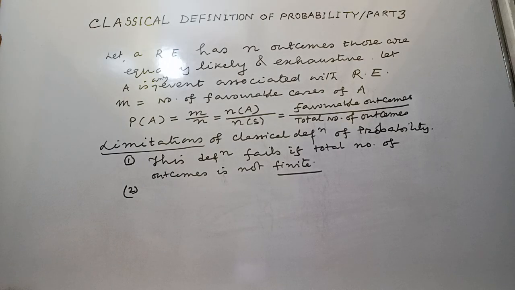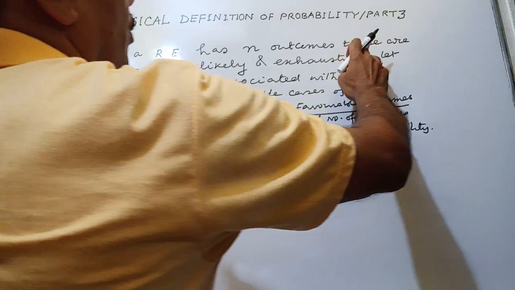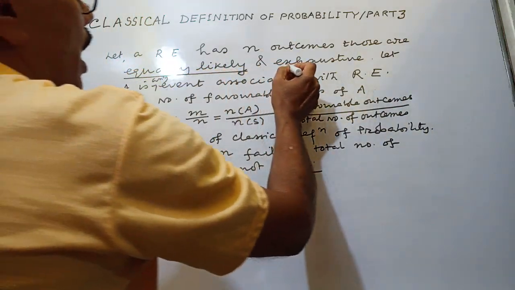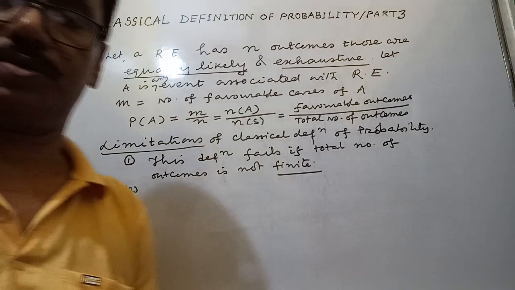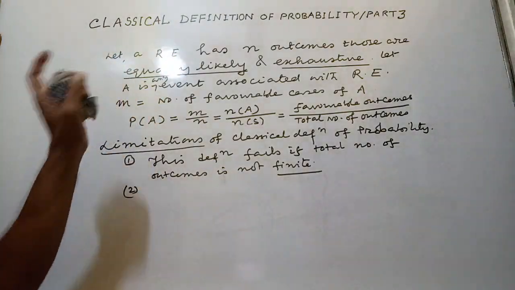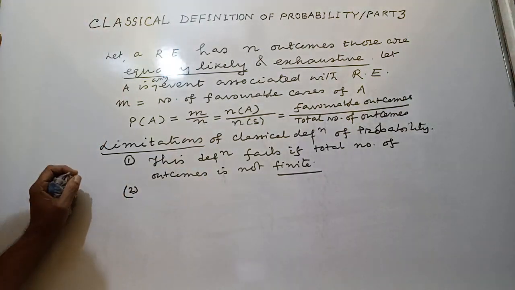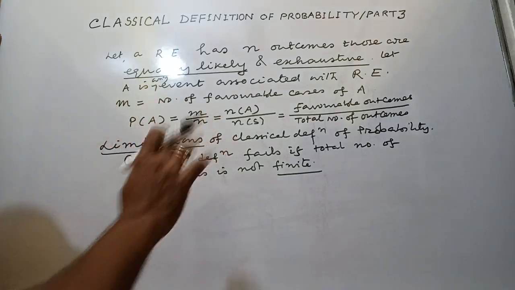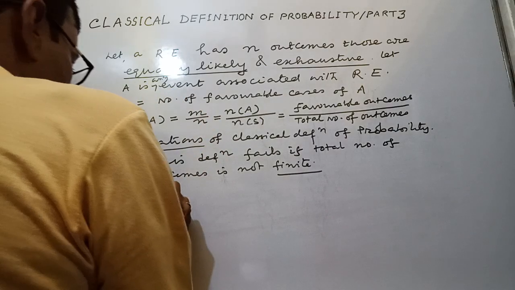Now look at the definition. Let a random experiment have n outcomes. There is an assumption that they are equally likely and exhaustive. So this is our limitation. If outcomes are not equally likely and exhaustive, this definition does not help.